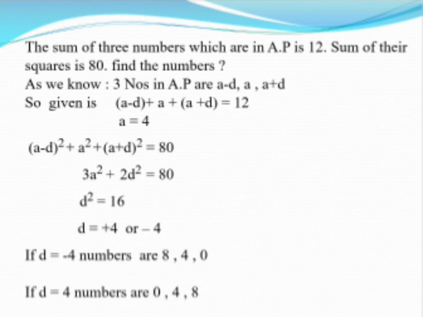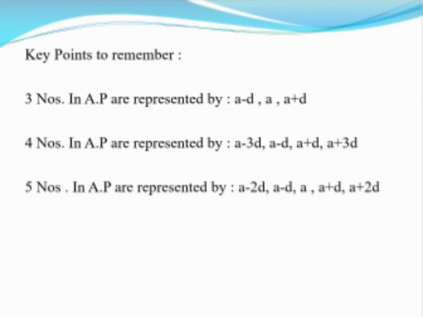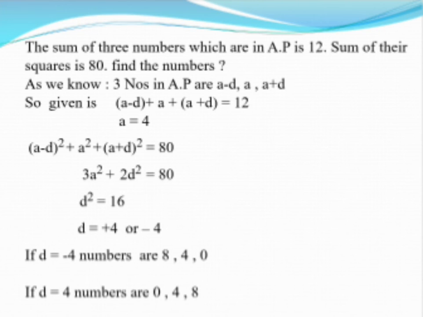In this case, since the sum of three numbers which are in AP is 12, and we have studied that three numbers in AP are represented by a minus d, a, a plus d, we consider the three numbers as a minus d, a and a plus d. As per the given information, a minus d plus a plus a plus d is equal to 12.